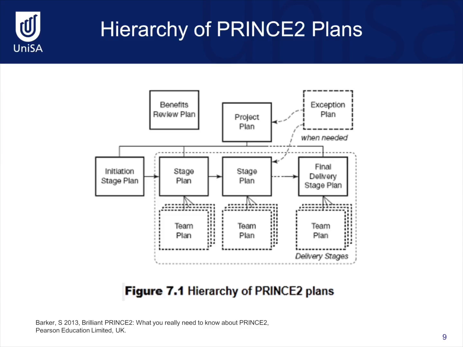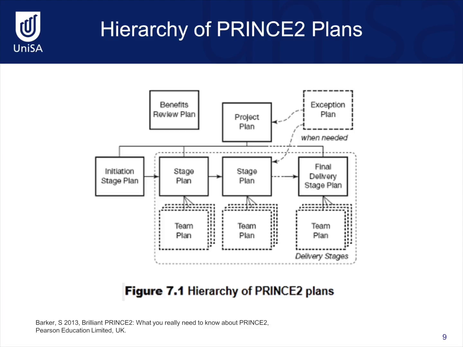Here is a visual representation of the hierarchy of Prince 2 plans. It shows you how they fit within a Prince 2 project. The Benefits Review Plan, as previously mentioned, is an independent plan and is created in conjunction with the business case. The project plan is at the top level, followed by an initiation stage plan, a number of stage plans, and a final delivery stage plan.